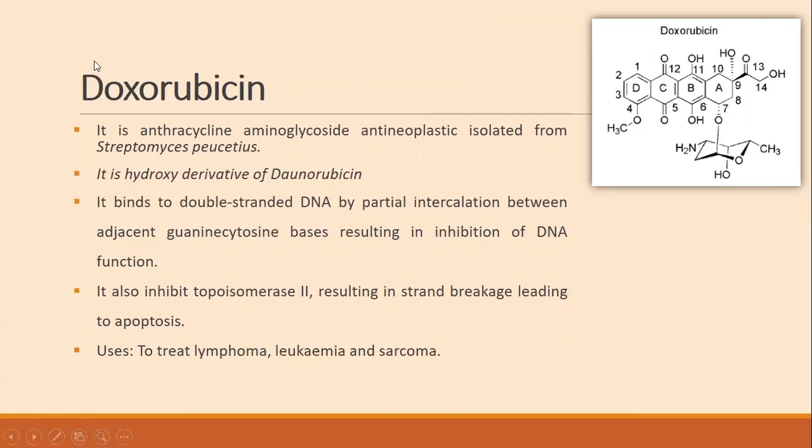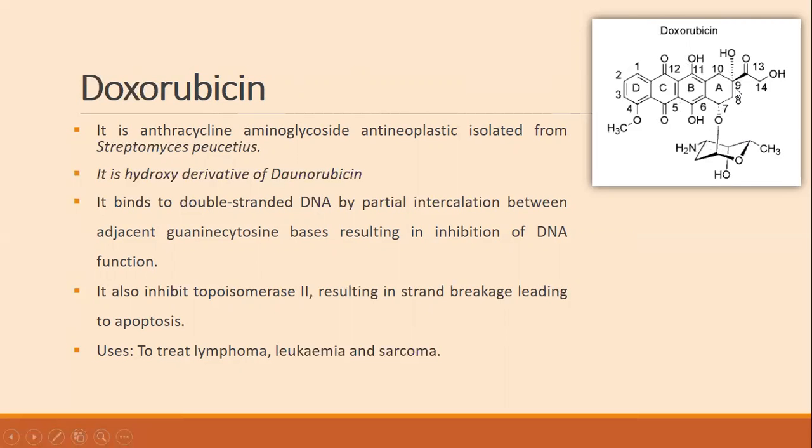The second member of the anthracycline family is doxorubicin. It has the same structure: an anthracene nucleus fused with a cyclohexane ring, with a glycosidic linkage attached to the amino sugar portion.